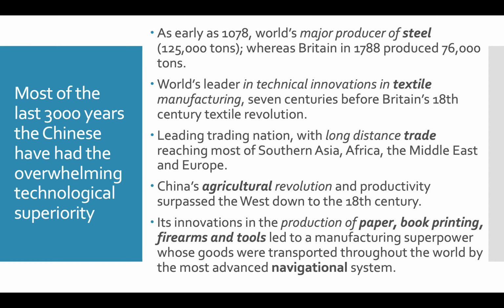As you probably know, it was central in paper and firearms and gunpowder and so many tools, and it had the world's most advanced navigational system. All of this is explored in the West by a guy named Joseph Needham, Needham. And the Needham question is, if they were so technologically superior, why didn't they take over the world?